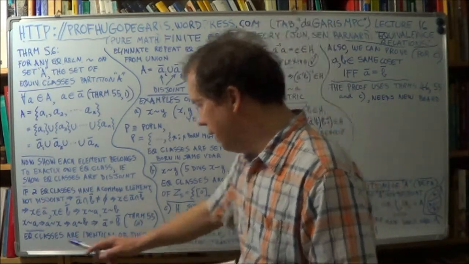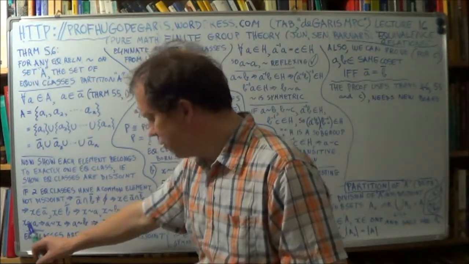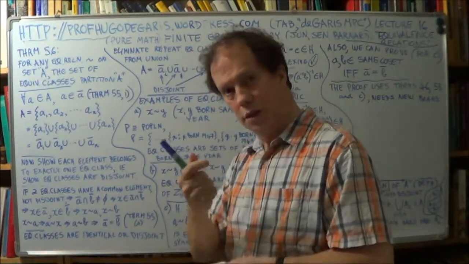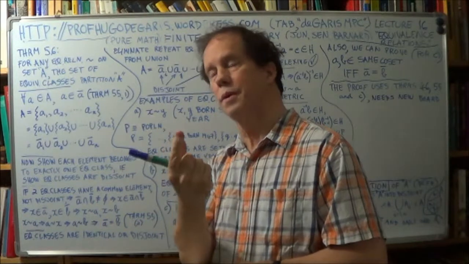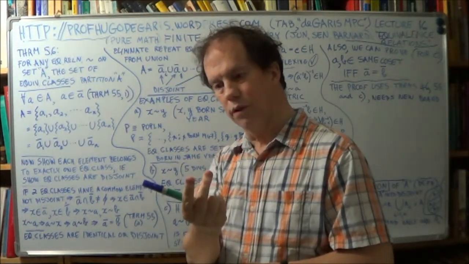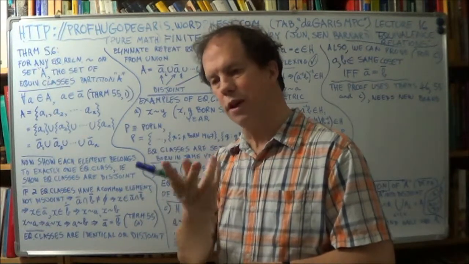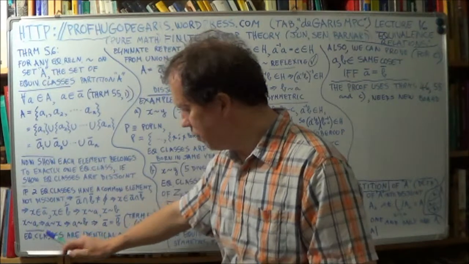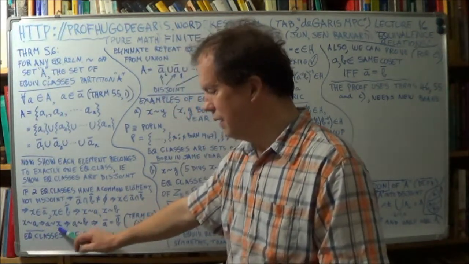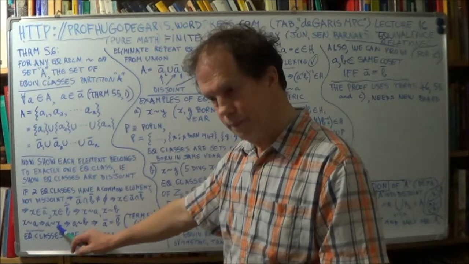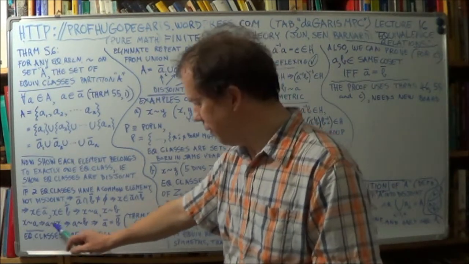All right. Now look, if X is equivalent to A, then it's an equivalence relation, so the three properties hold: reflexive, symmetric, and transitive. So if X is equivalent to A, well then A is equivalent to X. That's the symmetric property.